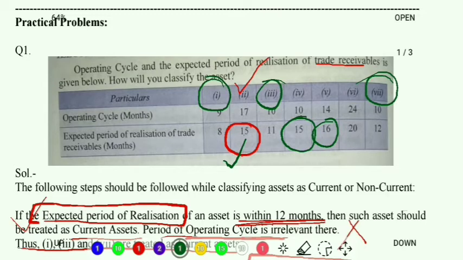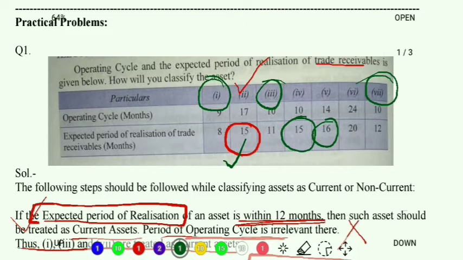We can conclude that asset number 5 is actually a non-current asset. Why? Because 16 is greater than 14. That means the expected period of realization is more than the period of operating cycle. Clear?